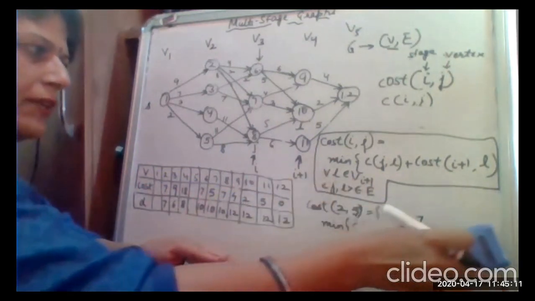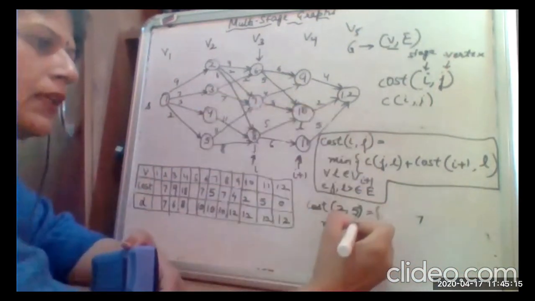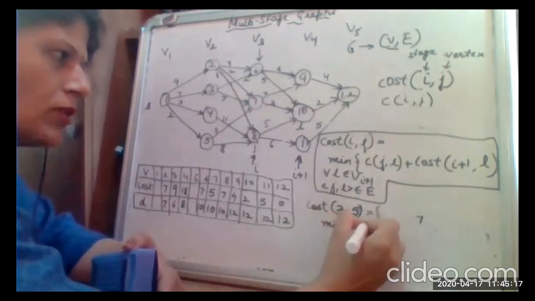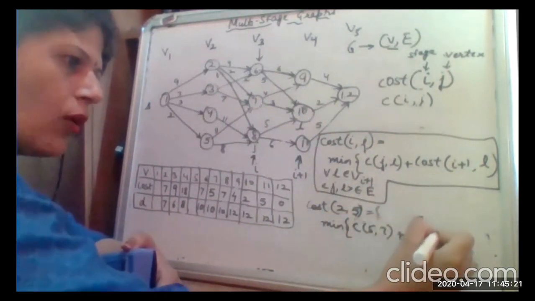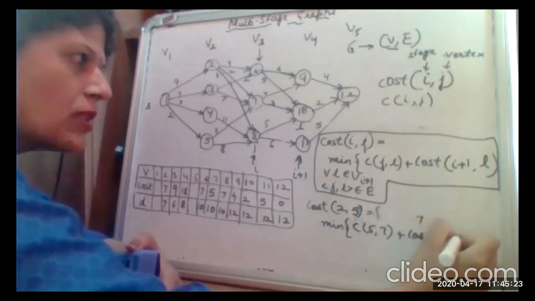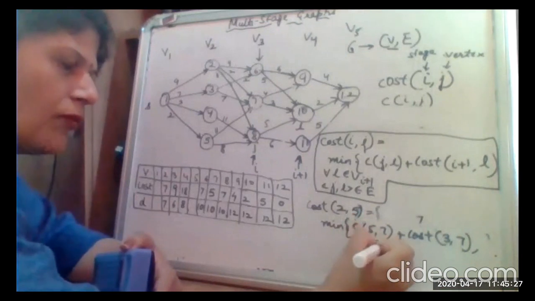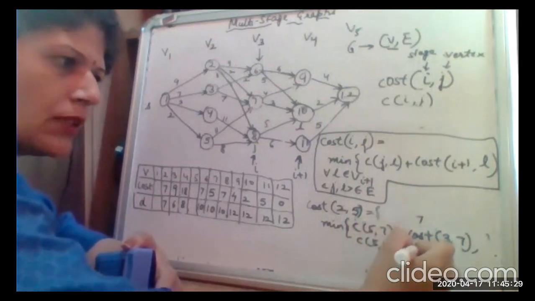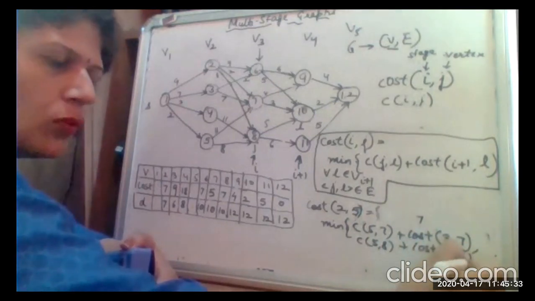So for 2 to 5, 5 is connected to 7 and 8. So there are 2 paths. So minimum of the cost of the edge from 5 to 7 plus cost of third stage, 7th vertex, cost of the edge 5 to 8 plus the cost of third stage, eighth vertex.